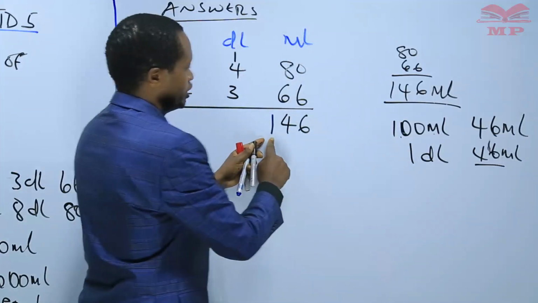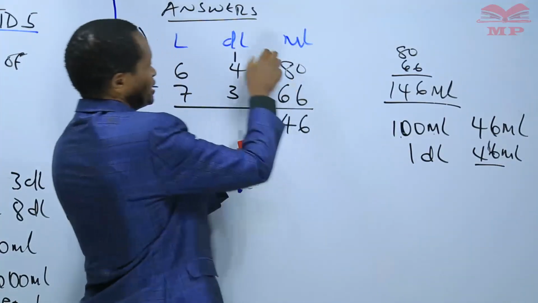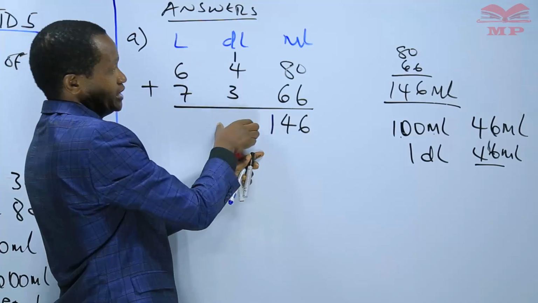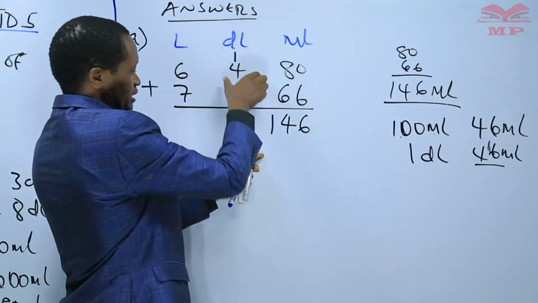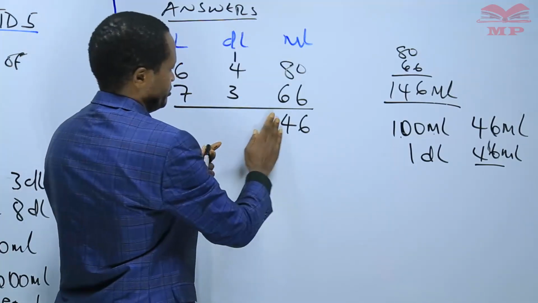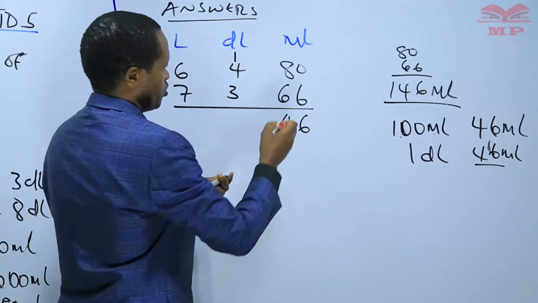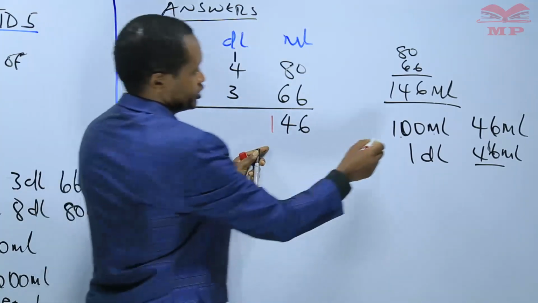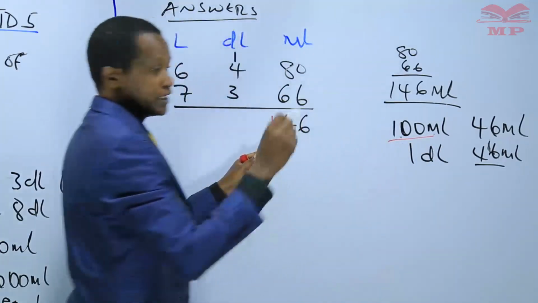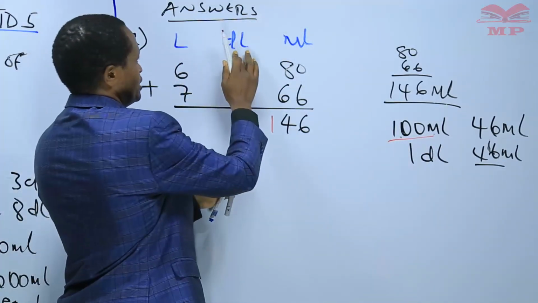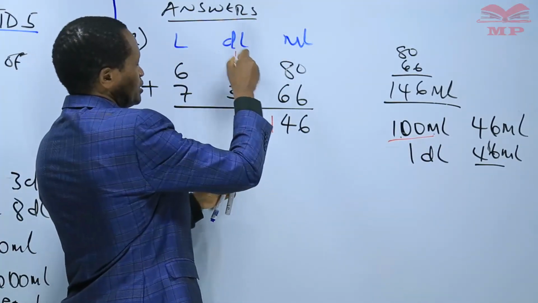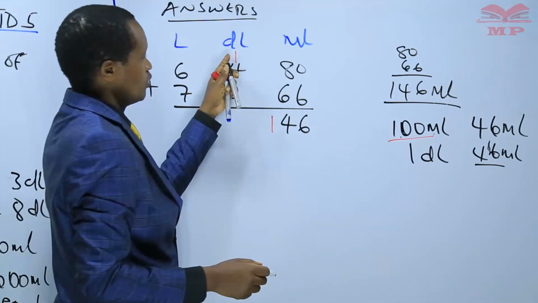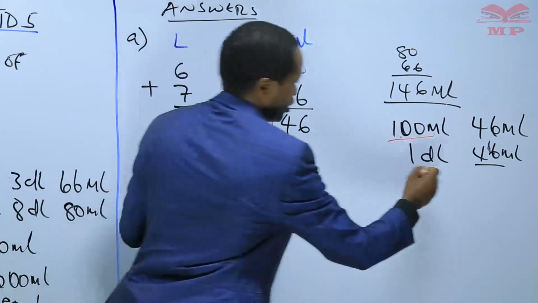So we are going to carry 1 deciliter to the column of deciliters. Let me write with my red pen. This is 1 deciliter, which is equal to 100 milliliters. So we carry this 1 deciliter.